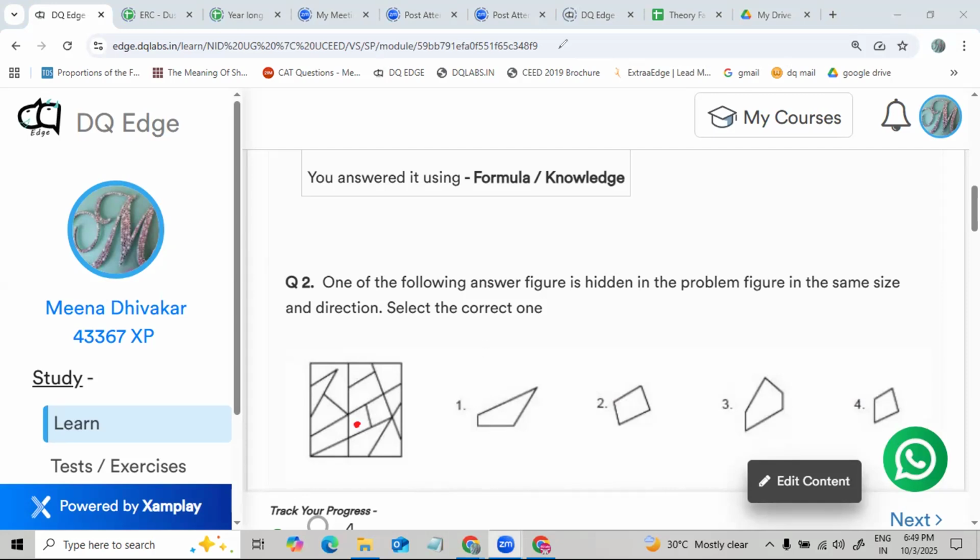One second. Yeah, sorry, this one is correct. The second option is correct.